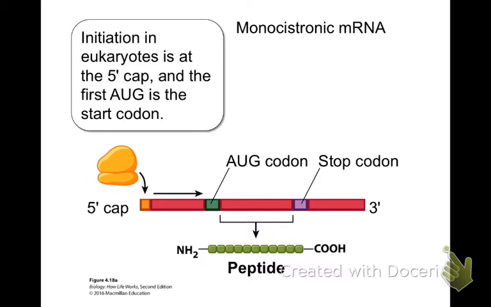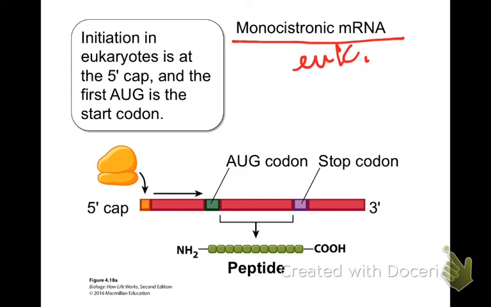And notice this word up here, monocistronic. Monocistronic messenger RNA is going to be eukaryotic. I'll talk about what this means soon, but bear with me because it's better to do a comparison with the polycistronic and your prokaryotes.